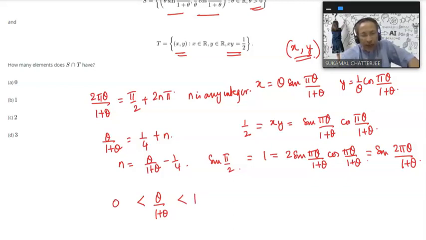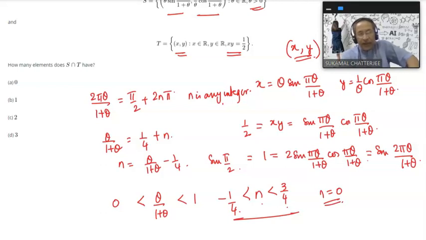So that means n will lie between minus 1 by 4 and 3 by 4, and n is an integer. So there is only one value of n, which is n equal to 0. Therefore the number of elements of S intersection T is 1.